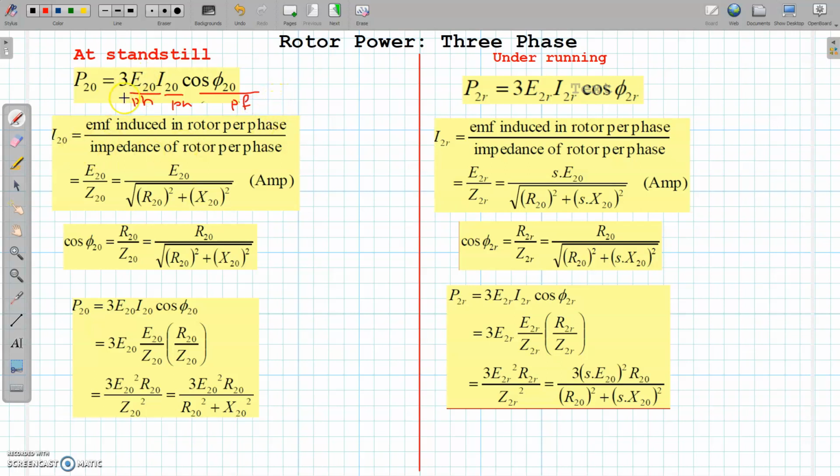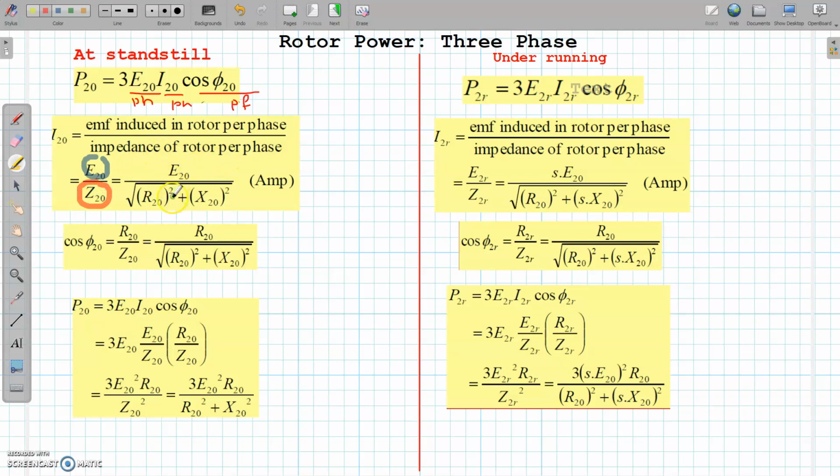So how will we calculate the current? The current can be calculated as the induced EMF in the rotor per phase, which is E20, divided by Z20. What is Z20? Z20 is the impedance of the rotor per phase.